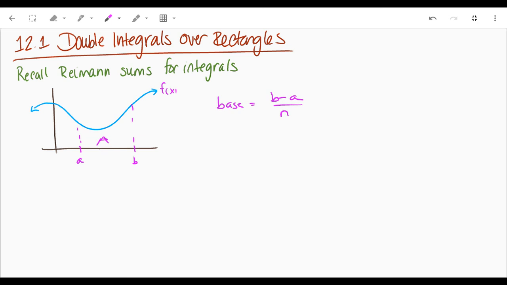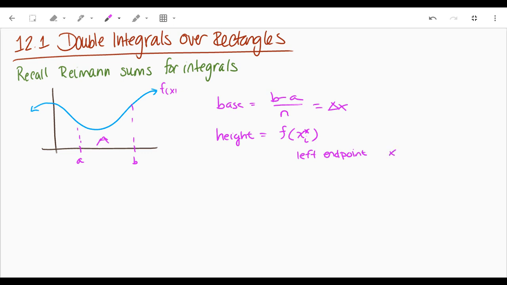Okay, and we might have also called that delta x. And then the height of those rectangles was your function evaluated at some x value. It might have been your left endpoint.